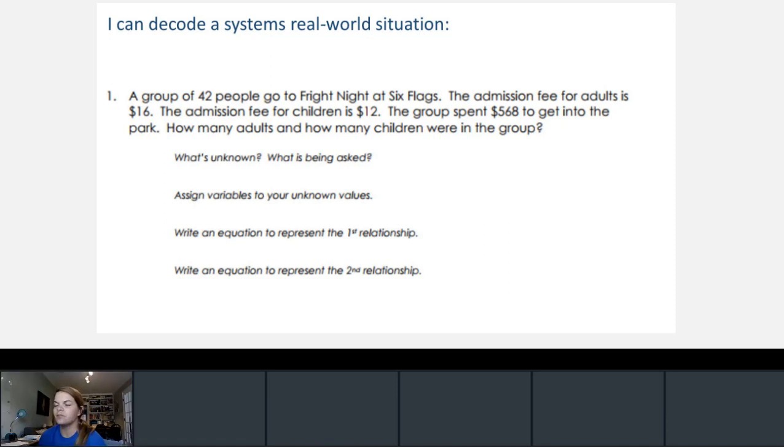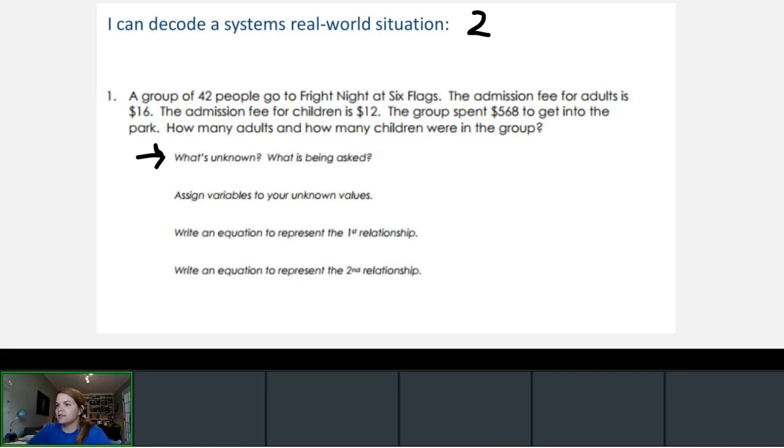Okay, so we know that we are going to have two equations. So let's look at this first question here. What is unknown? Well, we don't know how many adults and how many children. So the unknown is how many adults and how many children.